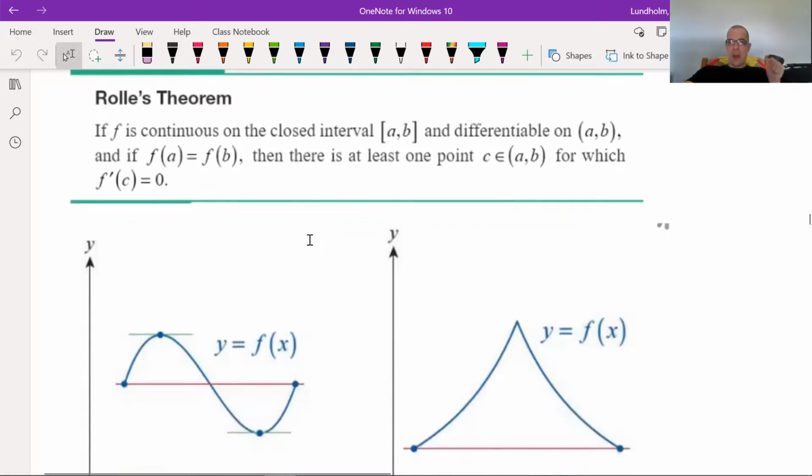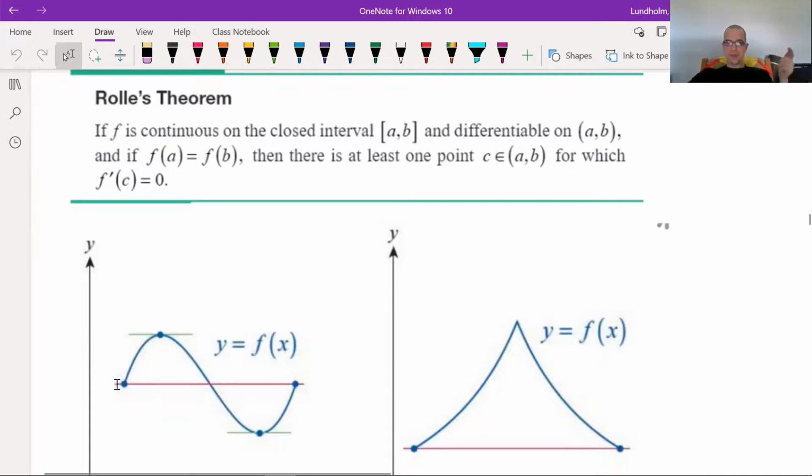It is the version where we have a continuous function on a closed interval again. It's important now that the function is differentiable on the open interval (a, b). And the last thing that we need for this theorem to be applicable is that we've got 2 points, a and b, so at the endpoints of this interval, the function values are equal to each other.